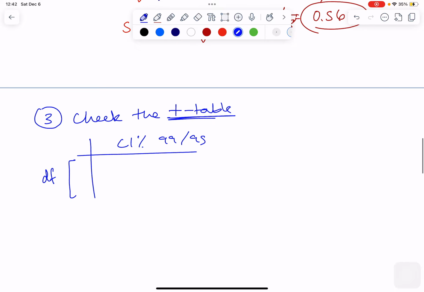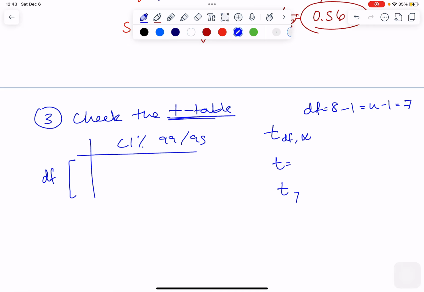So you need two things: for the t you need the degree of freedom, comma, the confidence interval, or the alpha. The degree of freedom is 8 minus 1, because it's n minus 1, which is 7.